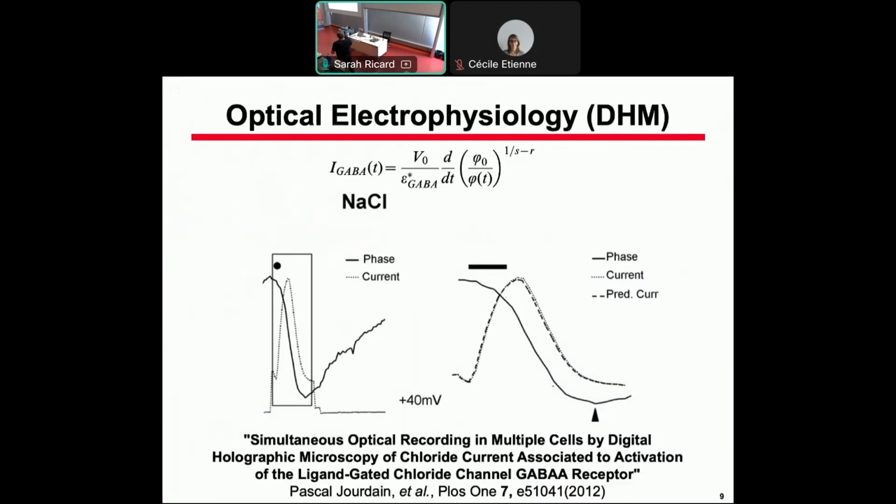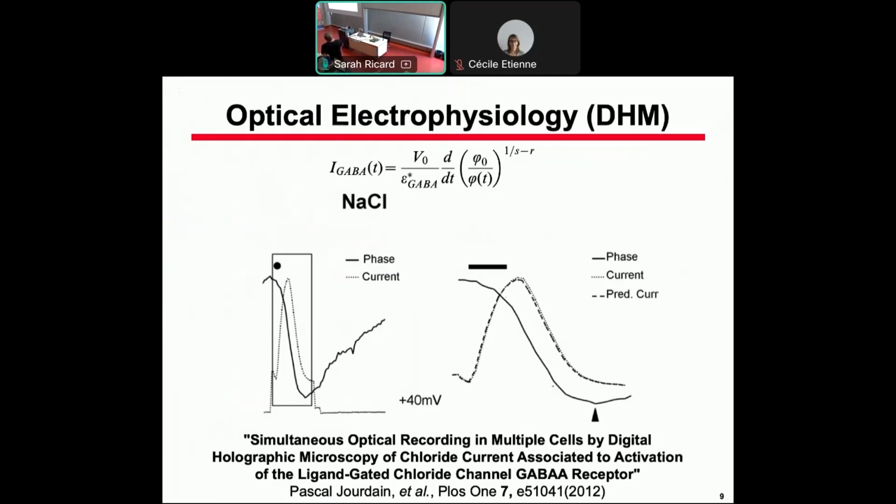This is measuring the so-called neuronal respiration. When the electric impulse propagates along the neuron, you have changes in the molarity, because these are ions. So the neuron pumps or expels water to compensate, which means its optical thickness changes a little bit. When I say a little bit, it's a few nanometers of optical thickness change.